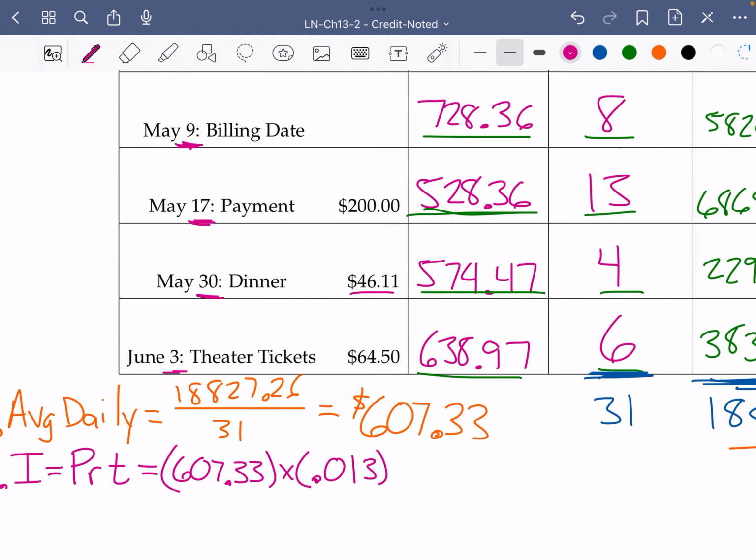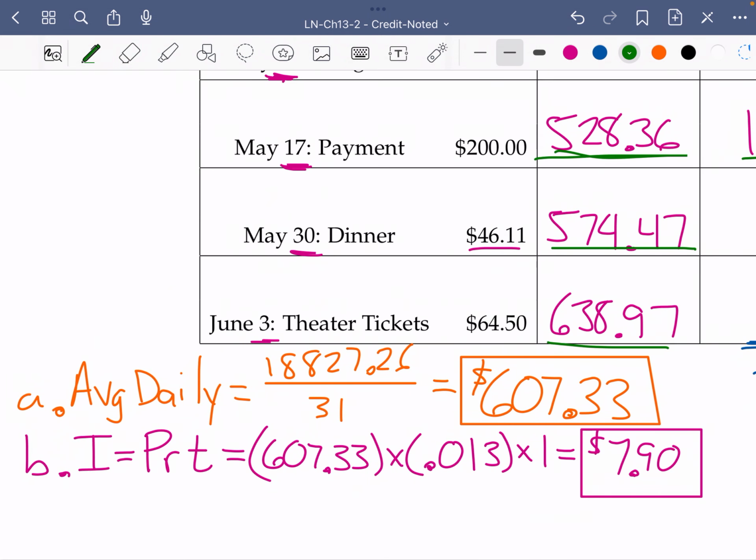And the time, that was a rate per month, and so this is only over 1 month. And so we are going to pay $7.90 in interest. That's going to be added to our ending balance before we get our next new balance.